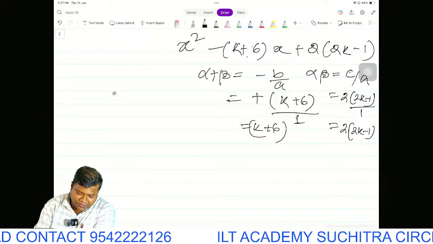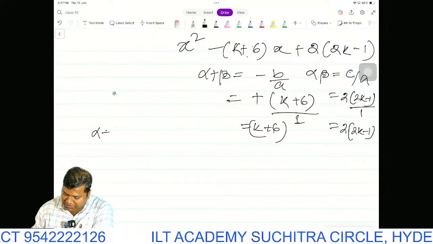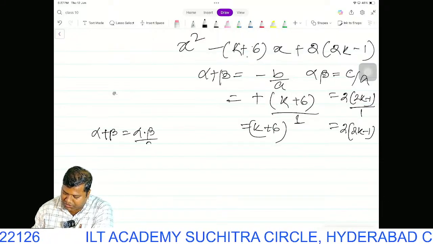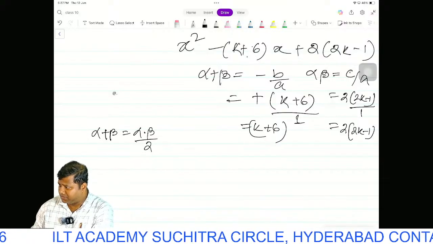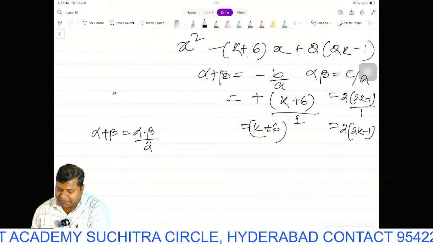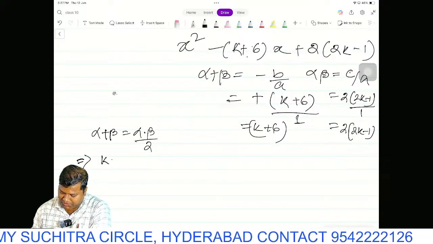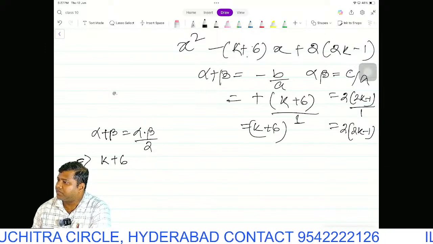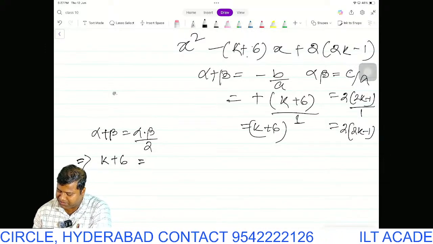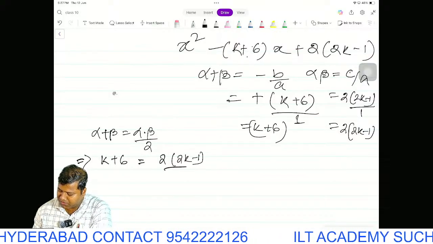Now what is given? The relation which is given to us is alpha plus beta equals alpha dot beta by 2, right? Now you just substitute the values of alpha plus beta and alpha dot beta. What is alpha plus beta? K plus 6, right? And what is alpha dot beta? 2 into 2k minus 1 by 2.